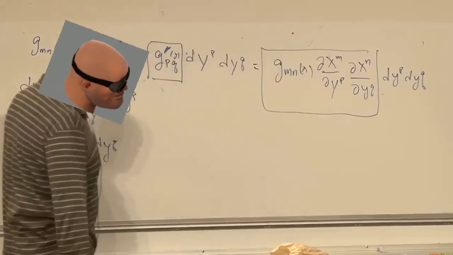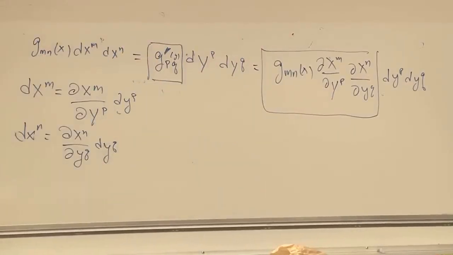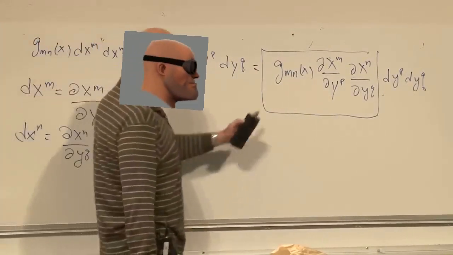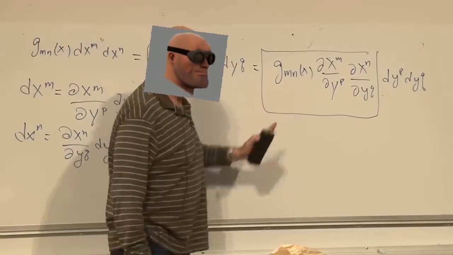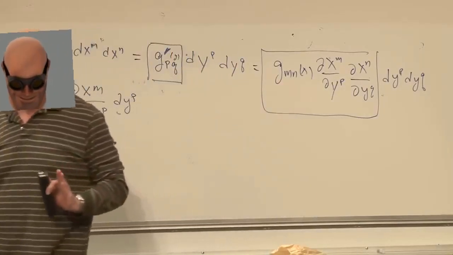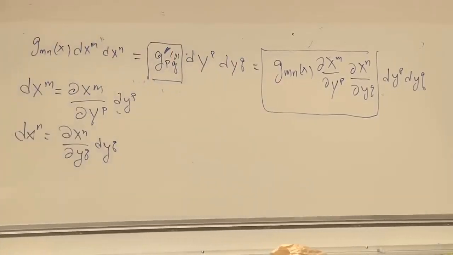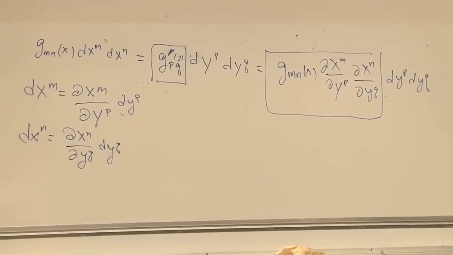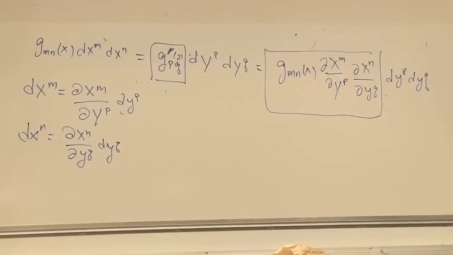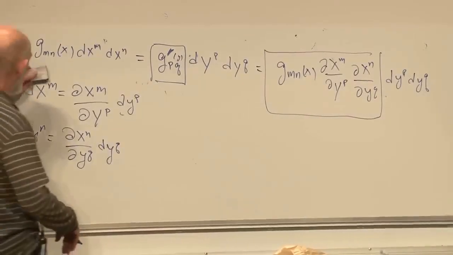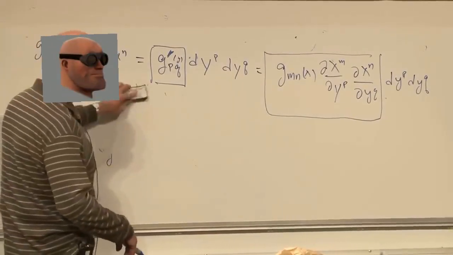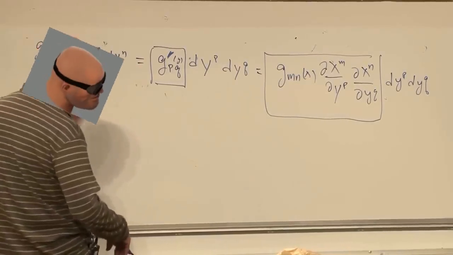This is just exactly the transformation property of a tensor with two covariant indices. So we discover that the metric tensor is indeed really a tensor. That's the first fact about the metric tensor. It really is a tensor. It transforms as a tensor.